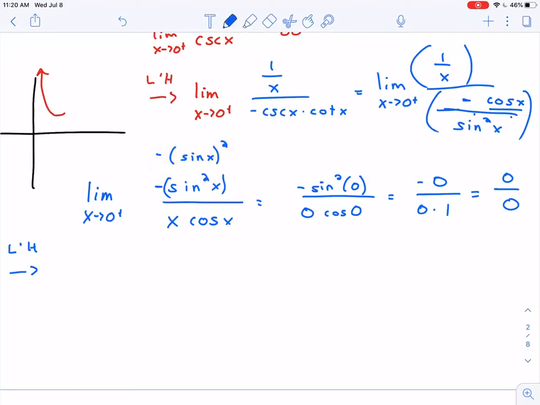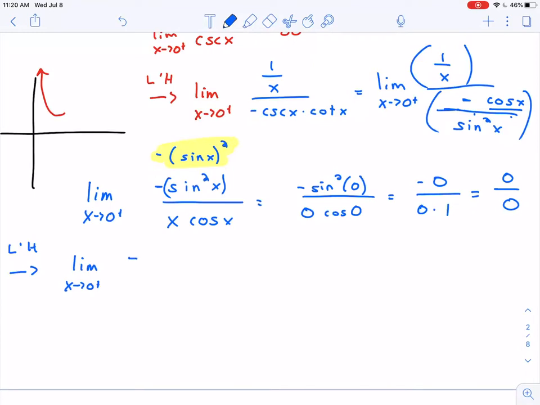So I'm using L'Hopital's rule because I ended up with 0 over 0. I would like to look at the limit as x approaches 0 from the right-hand side. I'm thinking about, for my numerator, this guy right here. So I do need to use the chain rule.